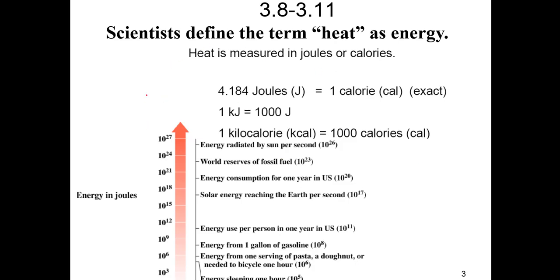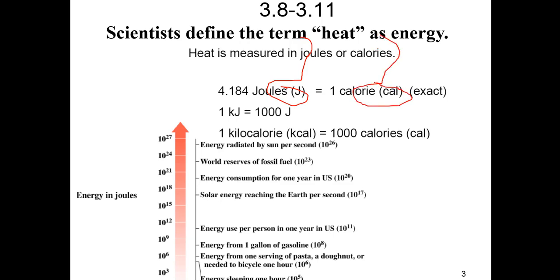Just as we have kilometers to miles, that's metric to US, we also have two types of energy values depending on what part of the world you're in, as well as what type of scientists are studying. So we have joules, J for joules, and we have calories.